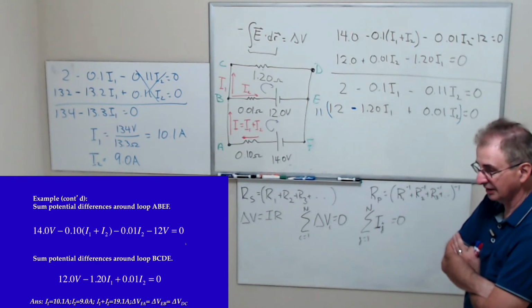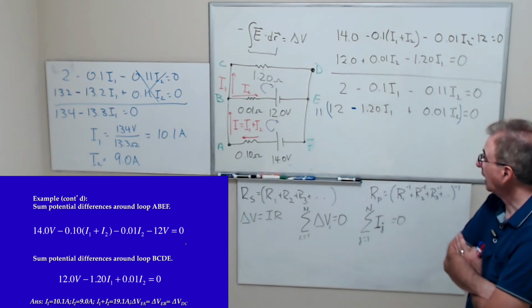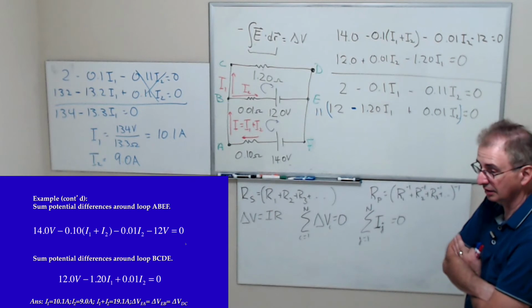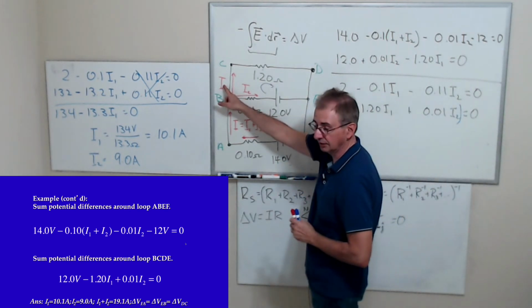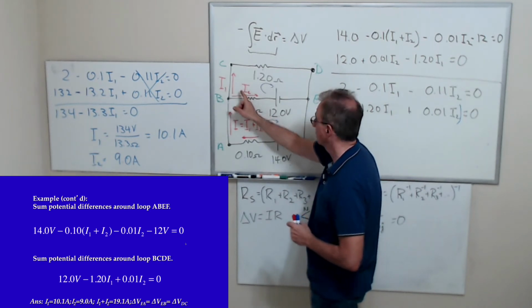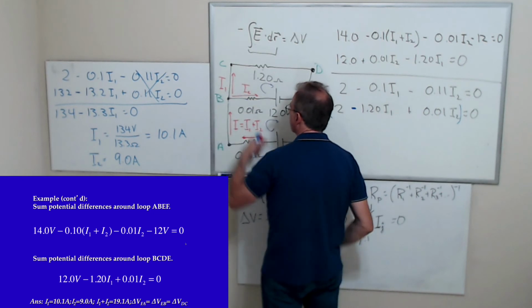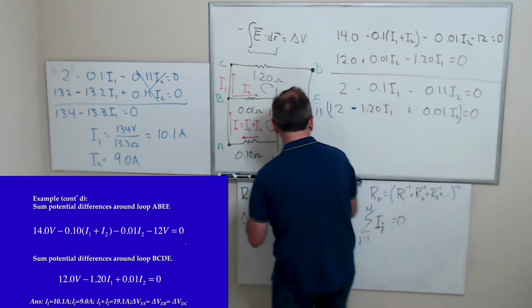How did you know that A to B is current equals current sub 1 plus current sub 2? How is it that way? Well, I'm calling this I1 and I'm calling this I2. I1 is going this way, I2 is going this way. And so imagine water flowing through a pipe.